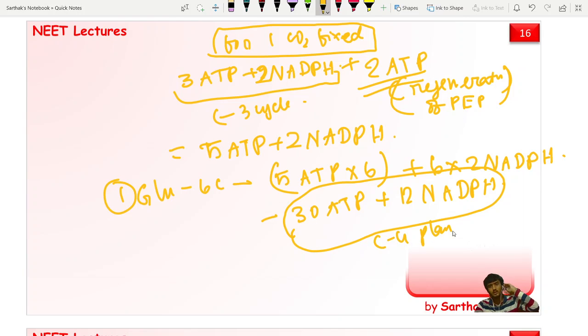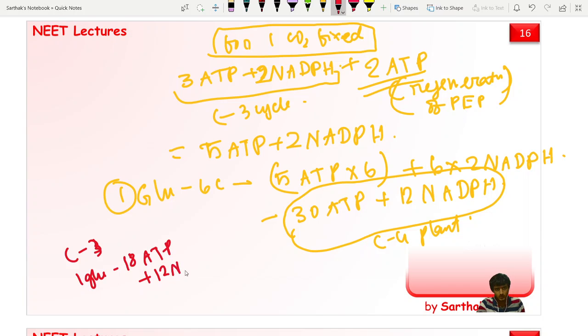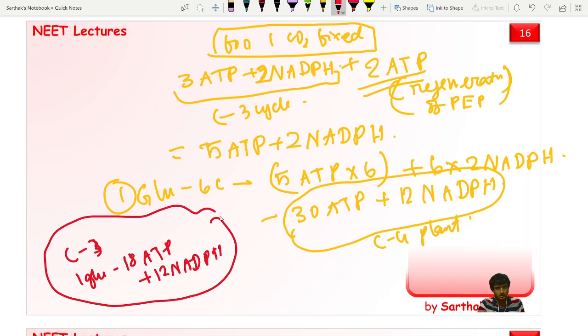So this requirement is for C4 plant, and if you remember, in case of C3 plant, one glucose molecule required 18 ATP plus 12 NADPH. So compare this with C4 plant.